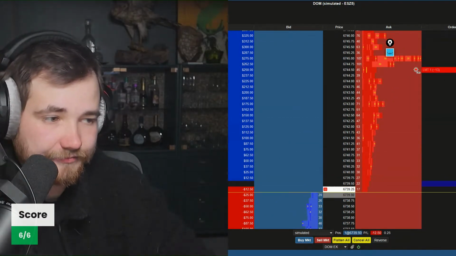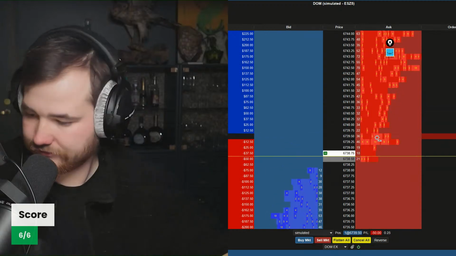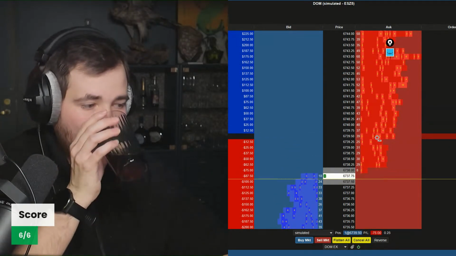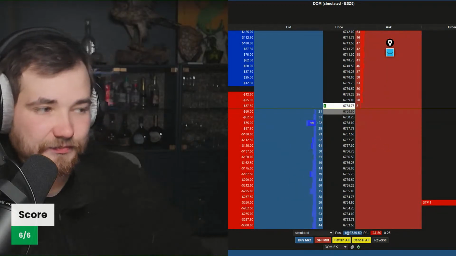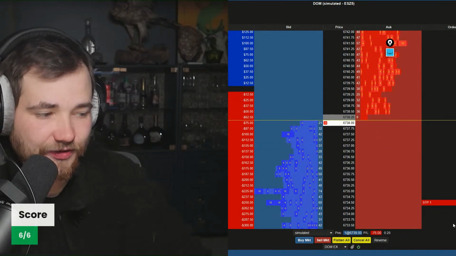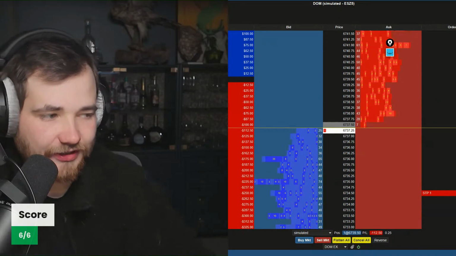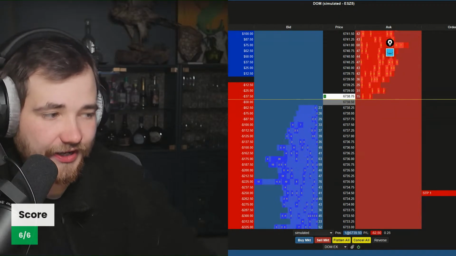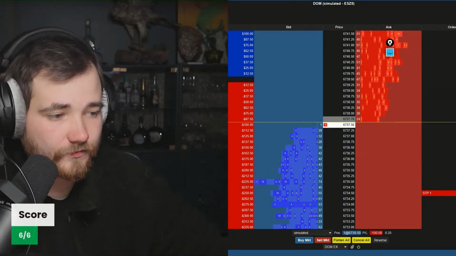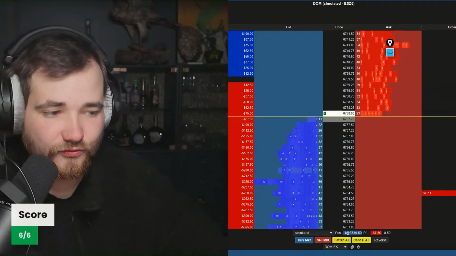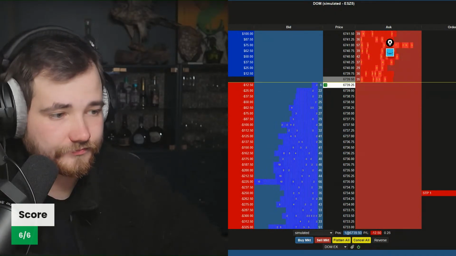Again, this is a place where people are looking for shorts, and here is where people will look for longs. When you just look at the profile, maybe going buy here is not the best move. Who knows? But just based on the snap move, which I'm testing here, I went long.